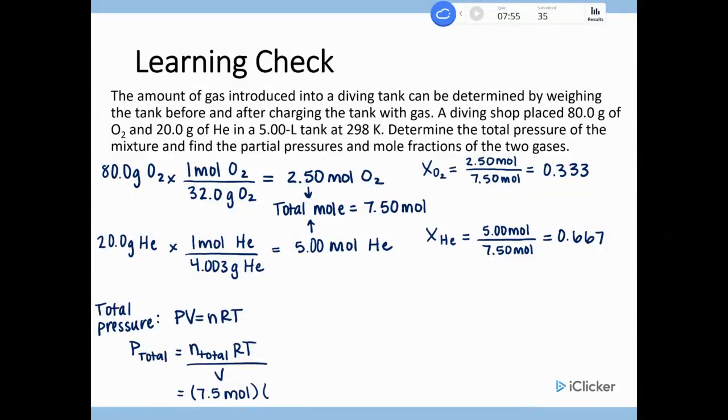So 7.5 moles total. We're using the gas constant 0.0821 because we're working with pressure and volume in units of atmospheres and liters. So we need the gas constant that includes liters and atmospheres in its units.